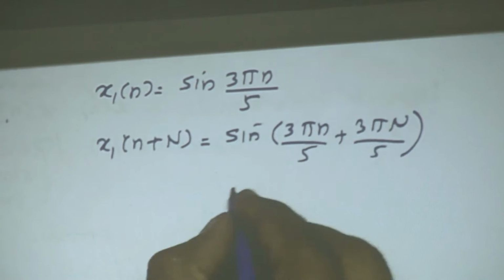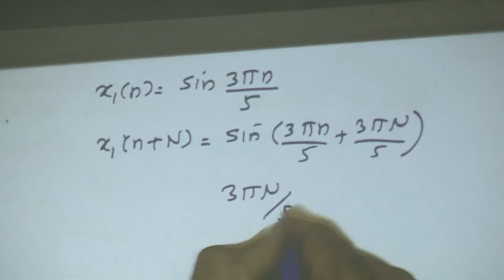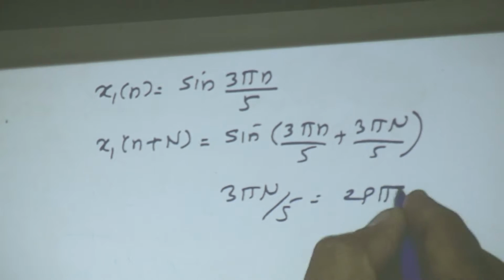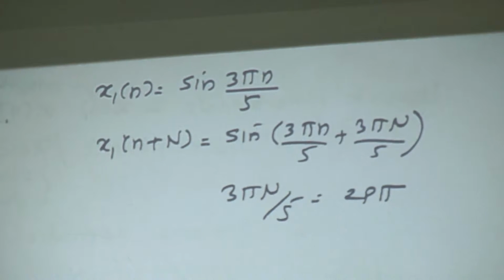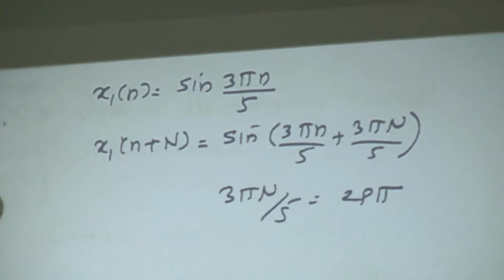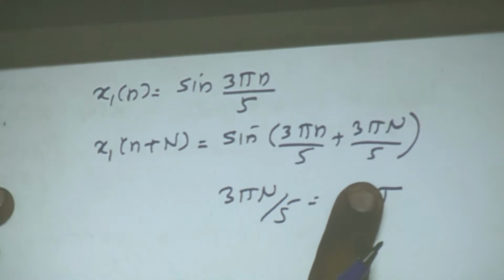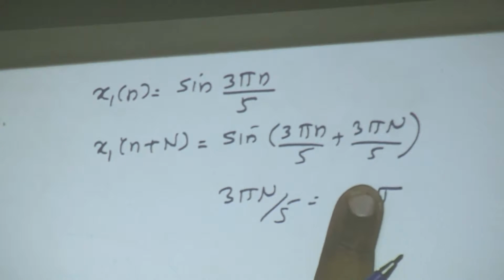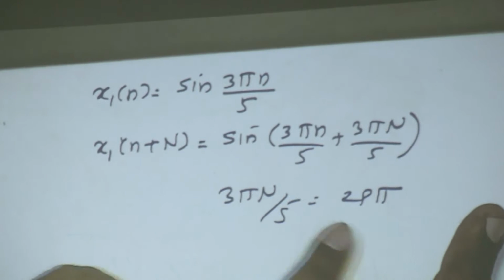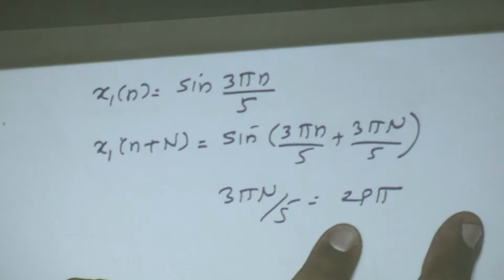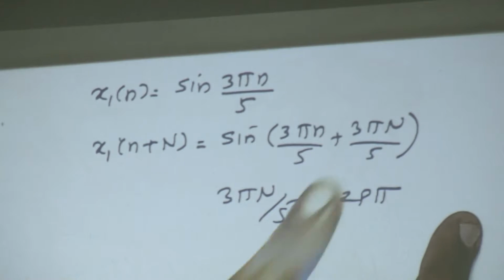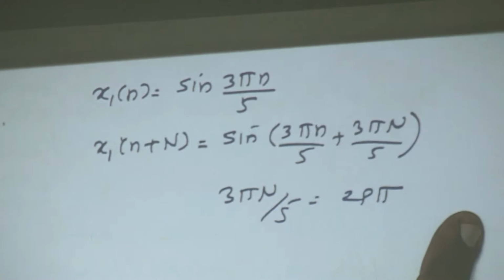Alright? So now 3 pi n by 5 has to be equal to 2p pi, because that is periodic with period 2 pi. If I make only 2 pi, then it becomes 10 by 3. That's not an integer. If this is equal to 4 pi, then also it's not periodic. Only when this becomes equal to 6 pi. So sine 3 pi n by 5 is periodic with 6 pi.